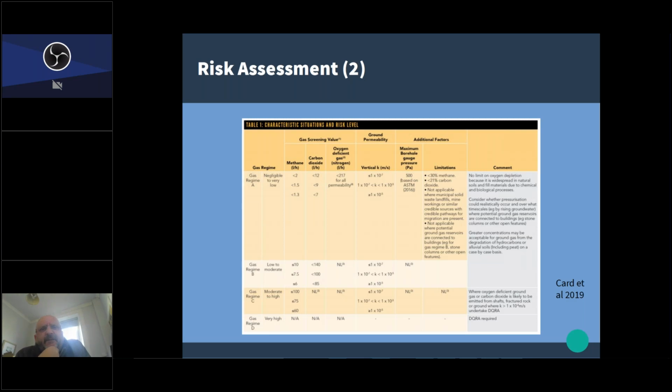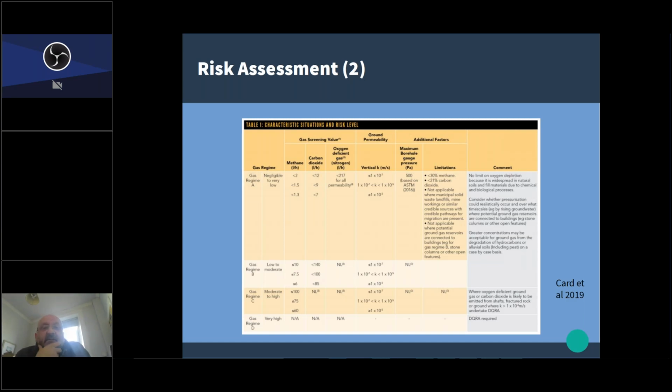Ground permeability is a difficult one, particularly vertical permeability in saturated or even unsaturated sediments. Any form of permeability is difficult to measure, and I guess you're probably going to be relying on literature base values. But you take the literature values, you need to understand what the geology is, of course.